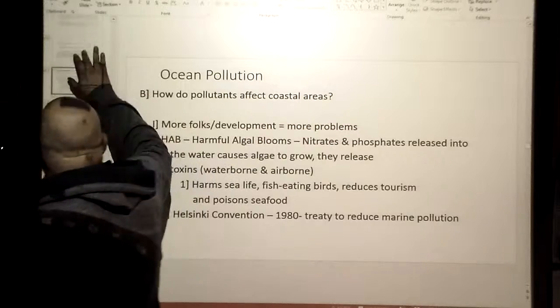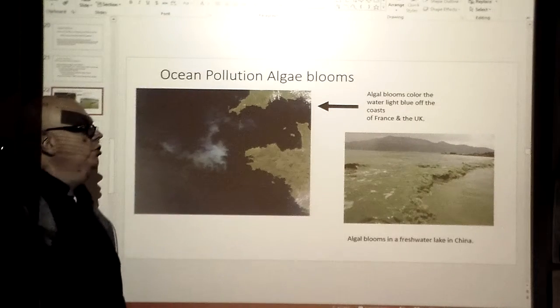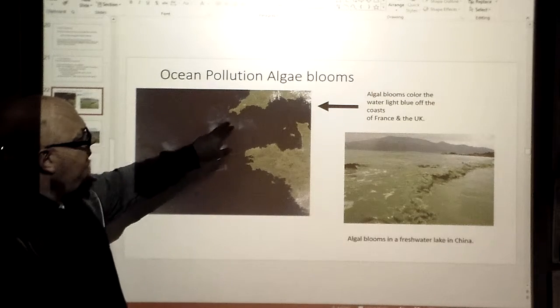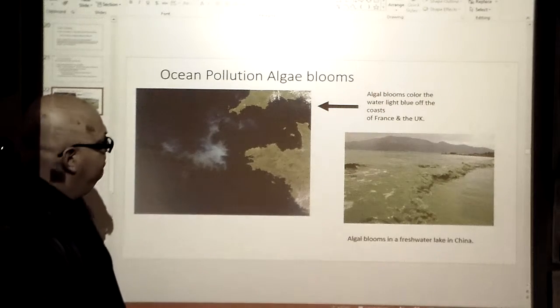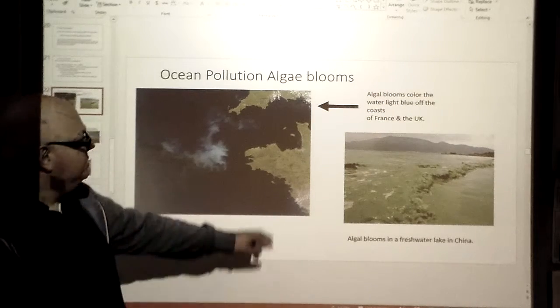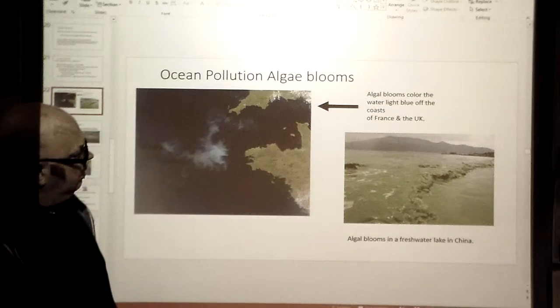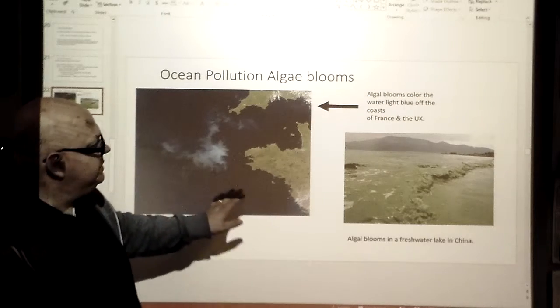Well, let's get a little bit more into that. So here's some algal blooms that have happened. In the light blue here is off the coasts of France and the United Kingdom. This area here would be Brittany for those people who are wondering. That's looking from the satellite.